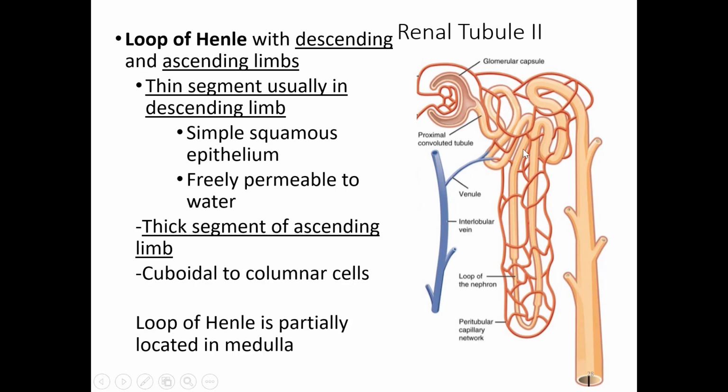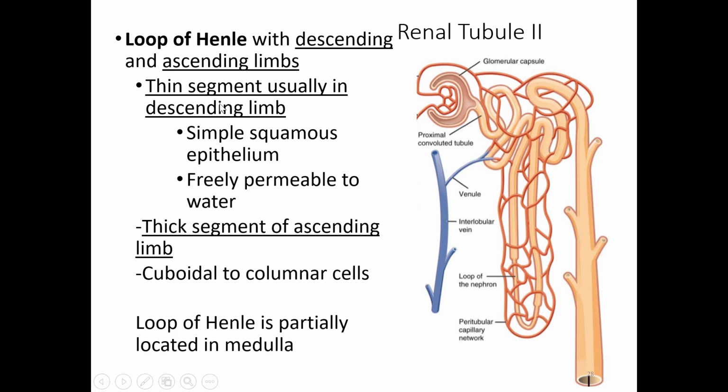Next part of the tubule is a loop going down and then returning up. When it goes down, it's all the way to the medulla. So that is called the loop of Henle, and it's made of 3 segments. Going down would be the descending limb, then we have the thin segment, and then we have the ascending segment or thick segment.